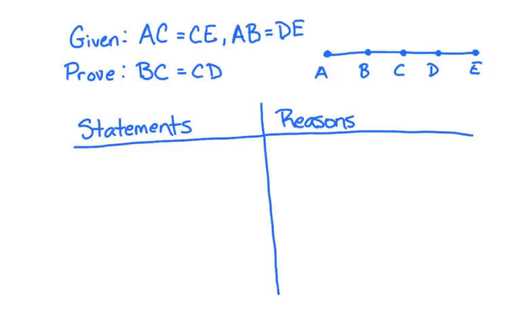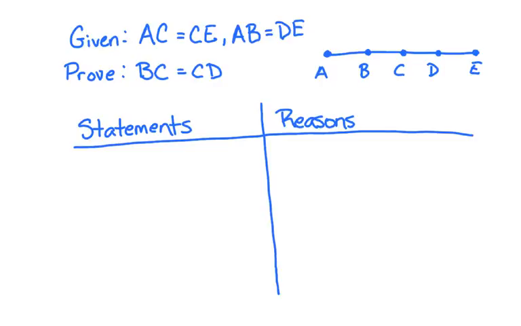In a proof, you are given some information, and then what you're trying to do is get to this point right here. Your last statement is going to be that BC equals CD. That's the case for every proof also. You start with the given, you end with what you're trying to prove, this statement.